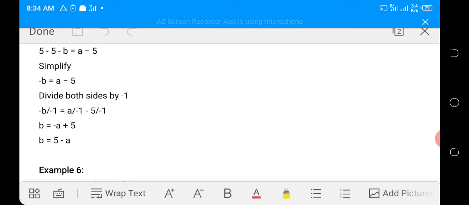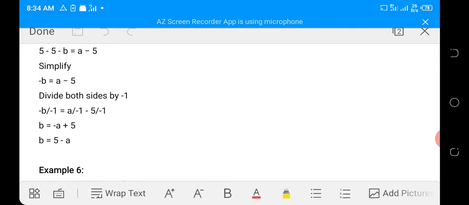Minus b is equal to a minus 5 means that minus 1 is multiplying b here, because minus 1 times b will give us minus b. So to undo this minus 1, we have to divide both sides by minus 1. Dividing both sides by minus 1, we have minus b over minus 1 is equal to a minus 5 over minus 1.